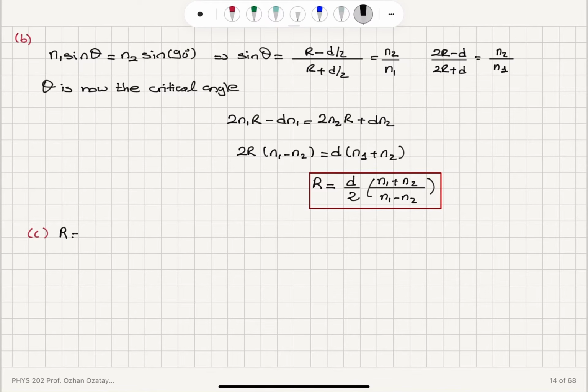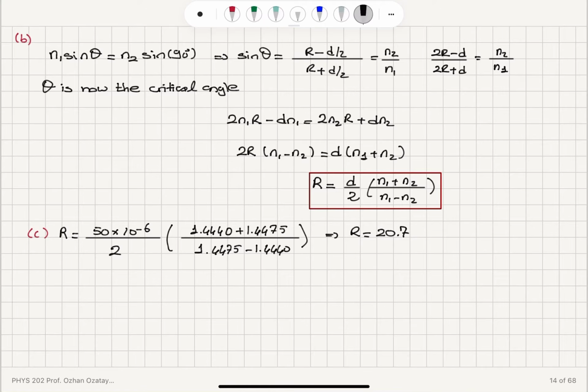So capital R equals 50 times 10 to the minus 6 meters divided by 2, times n1 plus n2, 1.4475 plus 1.4440, divided by n1 minus n2, 1.4475 minus 1.4440. This gives us a radius of curvature of 20.7 millimeters.